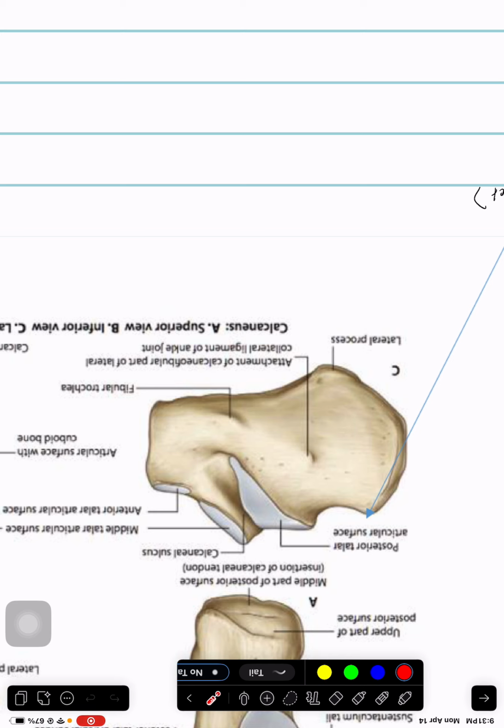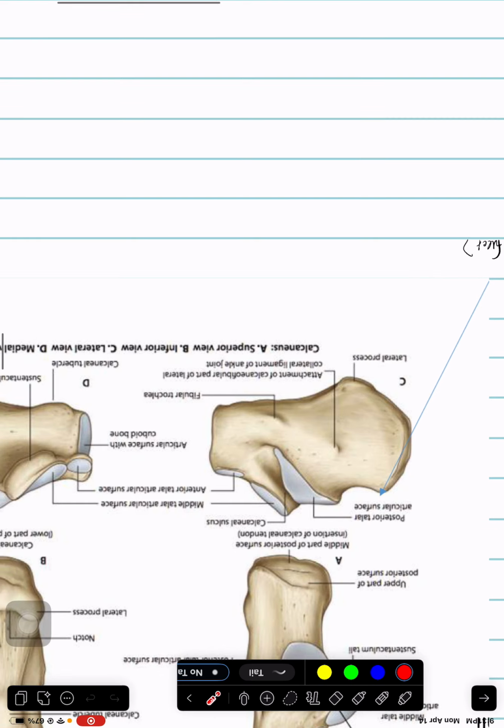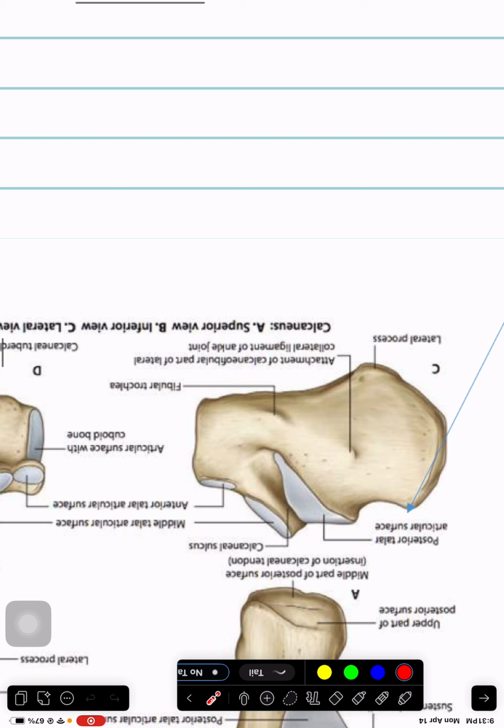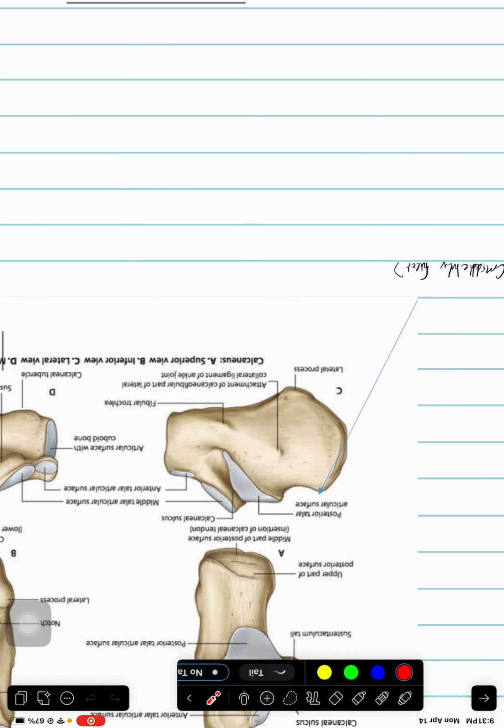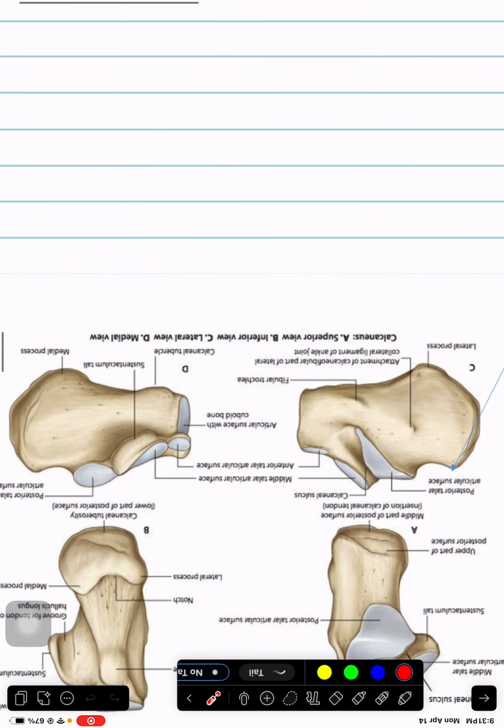And what else do we have? Our lateral process. Our calcaneal sulcus is here. And what else do we see?